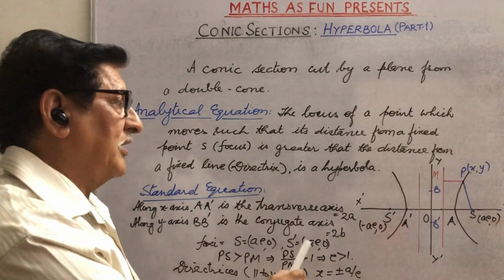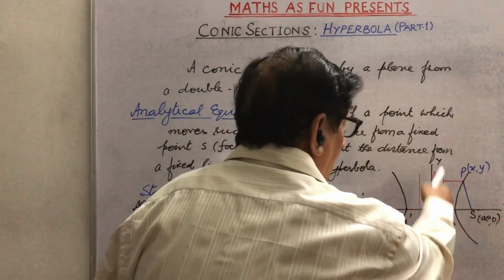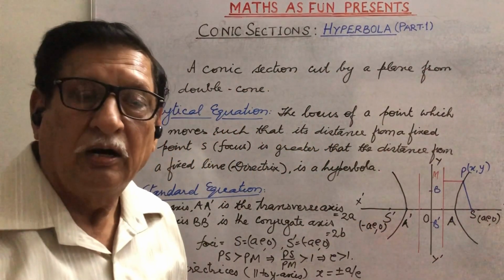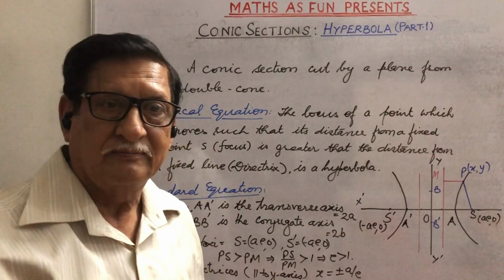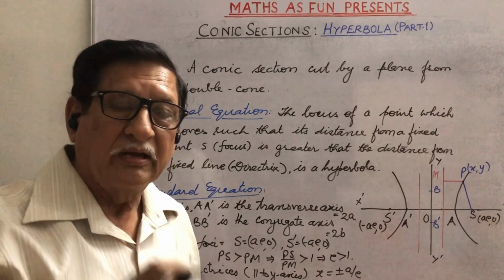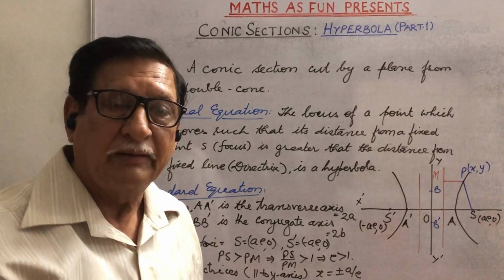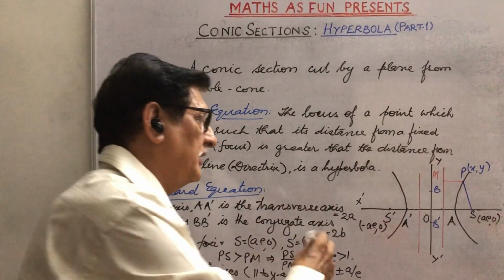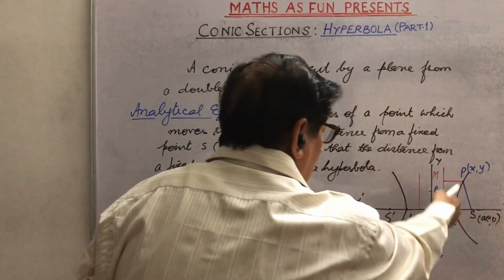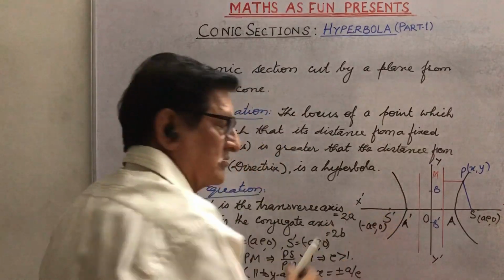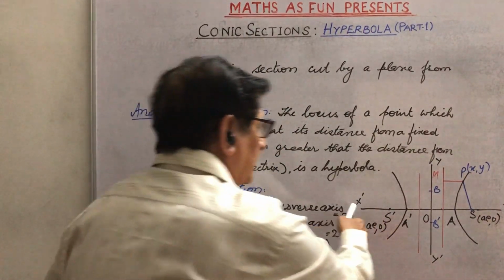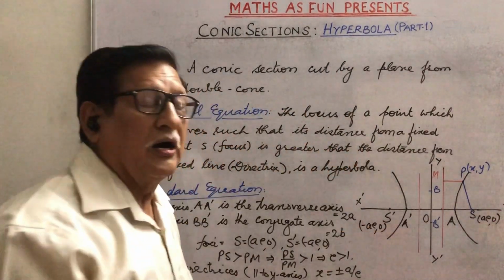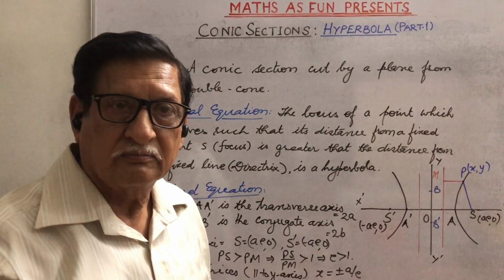Now, what is the standard form of it? In case we have two axes of the hyperbola along the x-axis and y-axis, then we say it is a standard form of the hyperbola. Here we see this is the hyperbola. A and A dash, which are intersecting this particular x-axis, are known as its vertices.